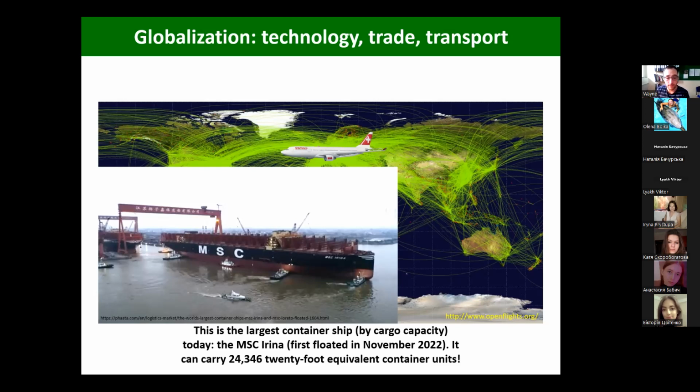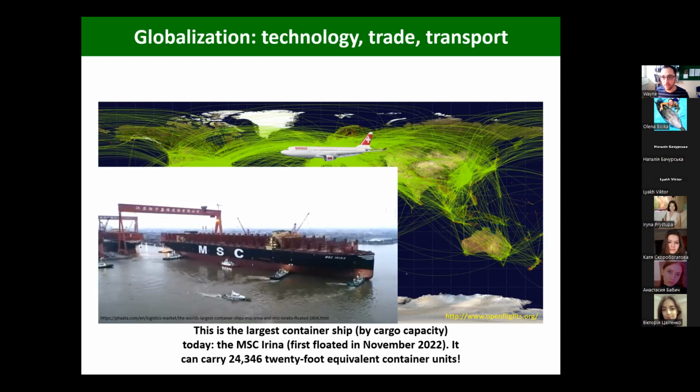So this is the MSC Arena, and it was first floated in November 2022, so quite recently, and it can carry well over 24,000 20-foot equivalent container units. So huge volumes of trade being transported around the world and potentially harboring species that will be intentionally or unintentionally introduced to a new part of the world.